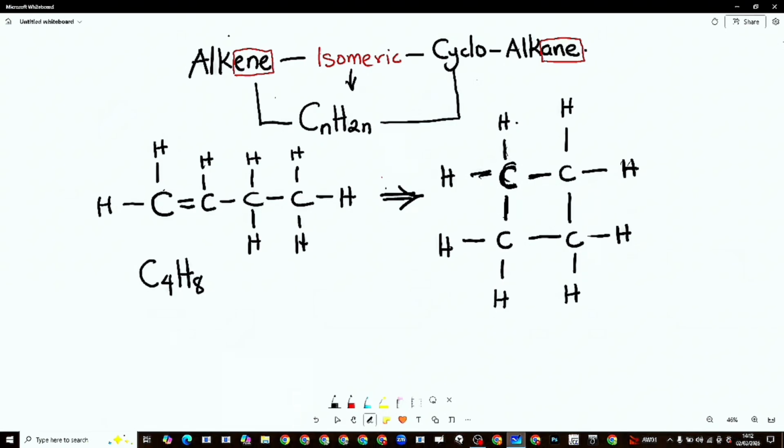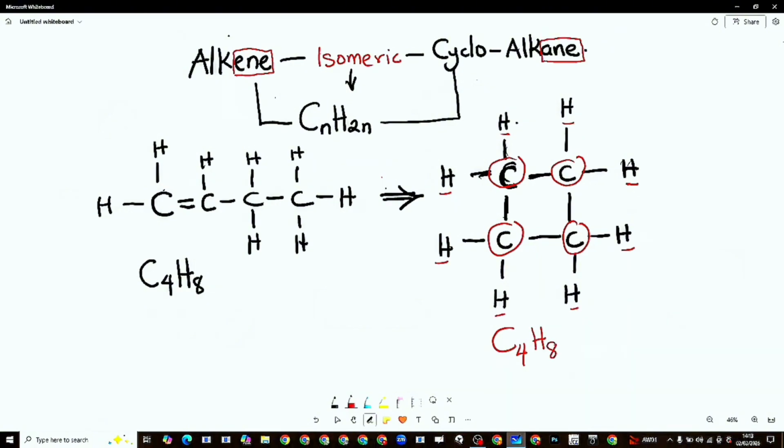If you calculate it, you discover that this one also has carbon 1, carbon 2, carbon 3, carbon 4, making it C4, and the hydrogens 1, 2, 3, 4, 5, 6, 7, 8, H8.